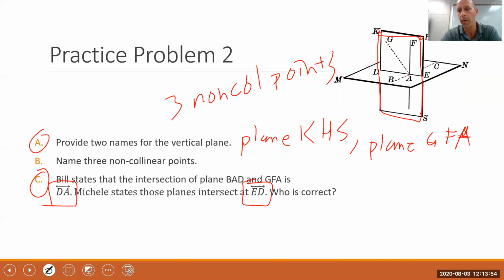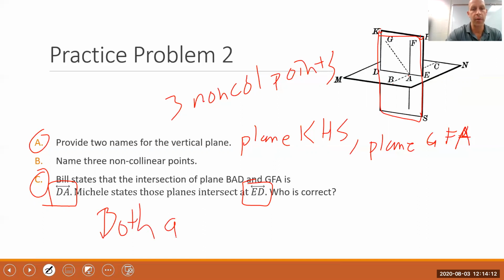Now we know that since they've said lines, that has to be true, because we know by our postulates that the intersection of two planes is a line. So who's right? The answer is they both are.